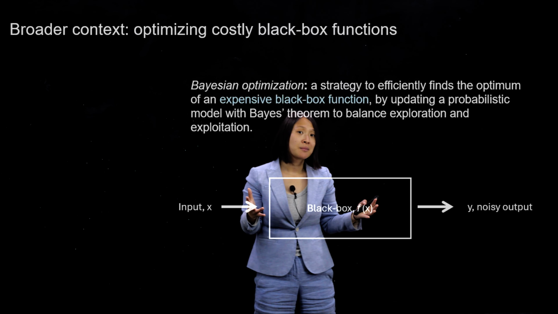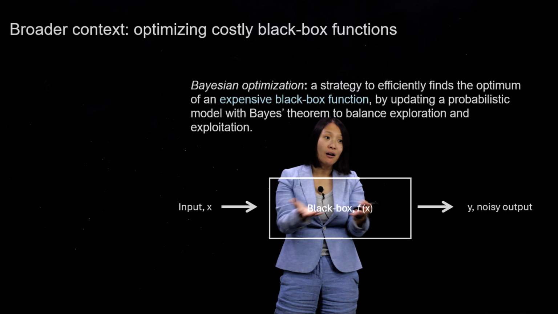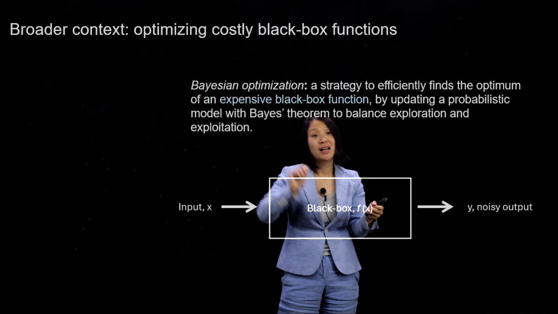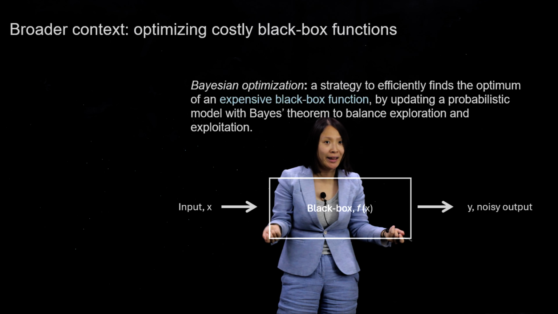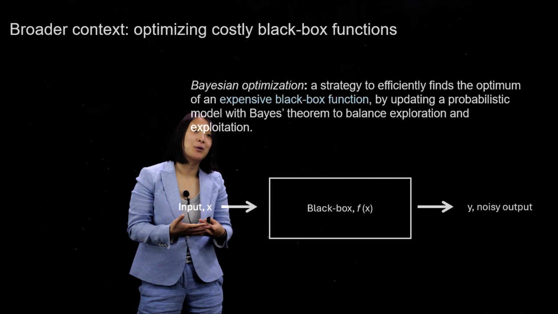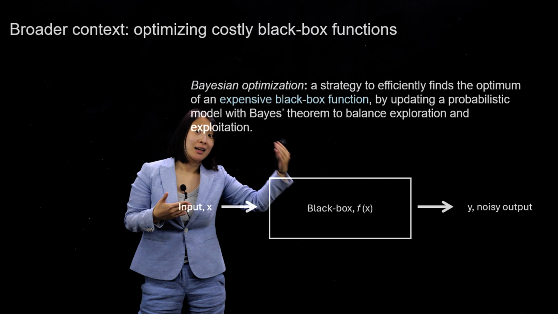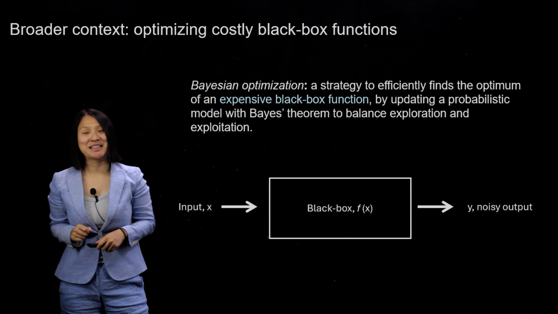In this case, using Bayesian optimization to find out what this black box function linking our input and output is a very powerful way for us to save experimental budget and still effectively navigate a large parameter space to achieve the optimization goals.